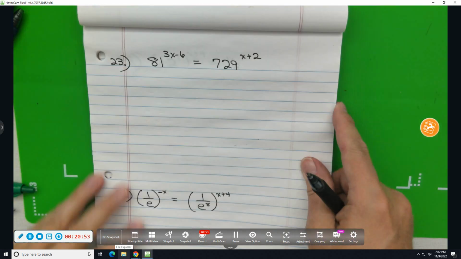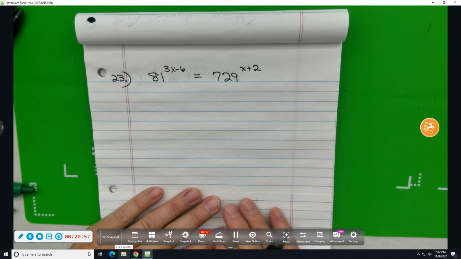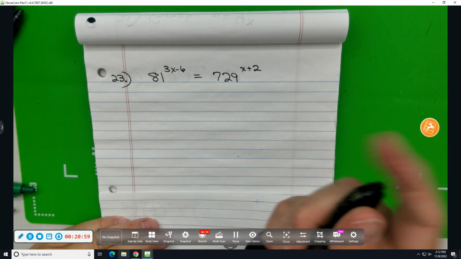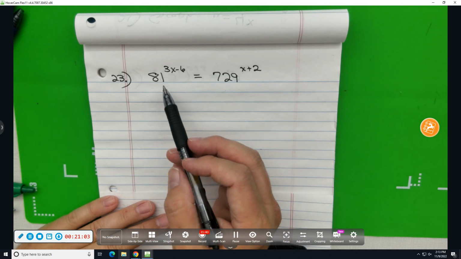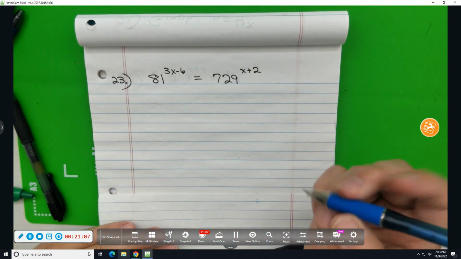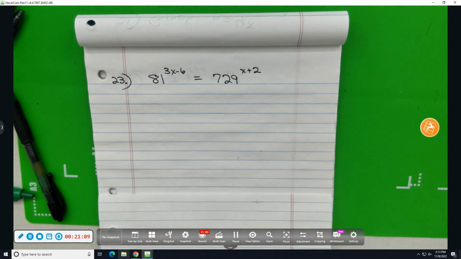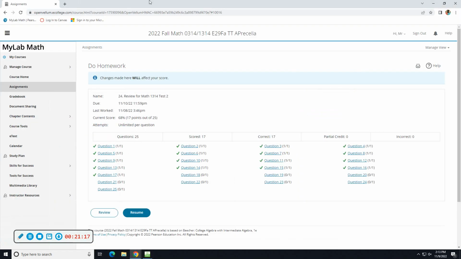Move it down. This one will do. There, let me hide that. Okay. Well, when I see 81, I think of, if I'm going to try to write 81 as a power involving an exponent, oh, I better pull up my calculator. Give me a moment to pull up my calculator here.